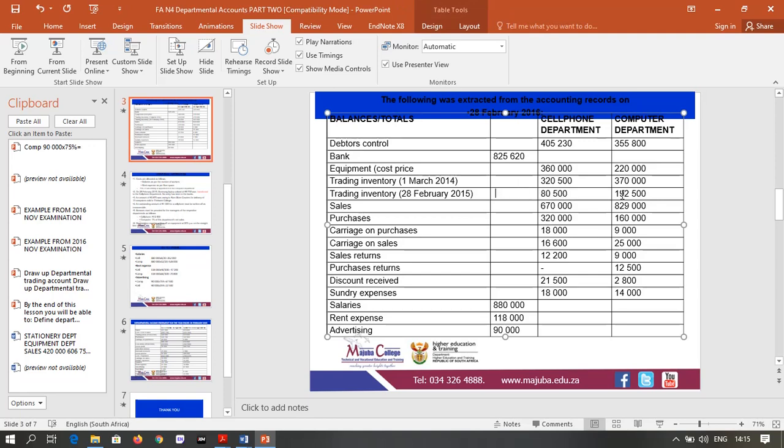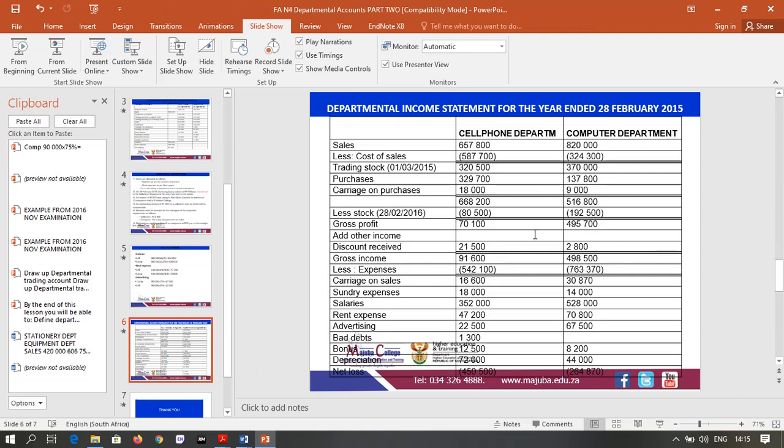You were given those totals, 80,500 and 192,500. You just put them as is here. Then you're gonna say this total minus the closing stock. When you minus this one, we are getting 587,700.